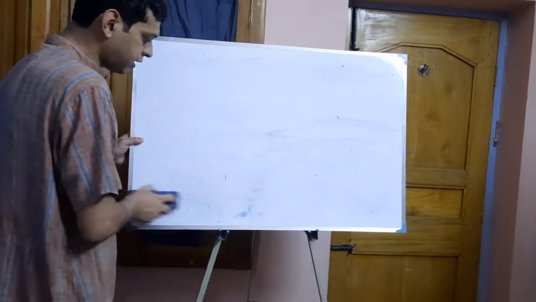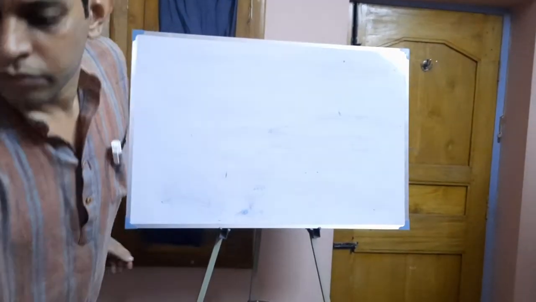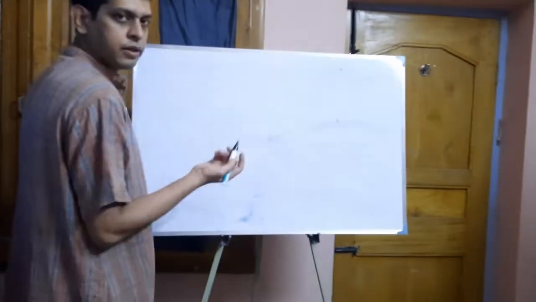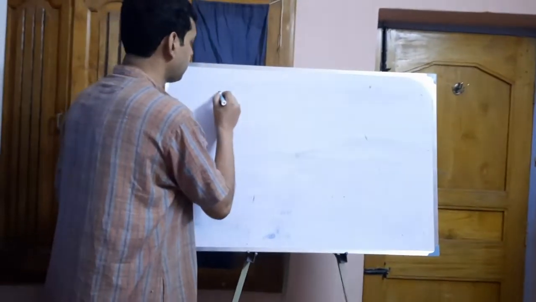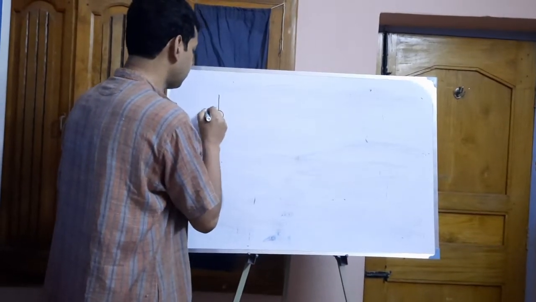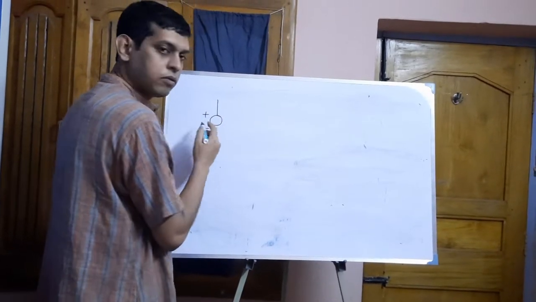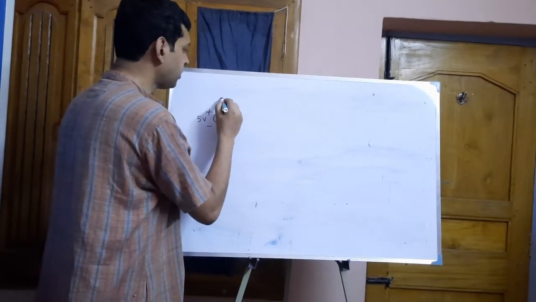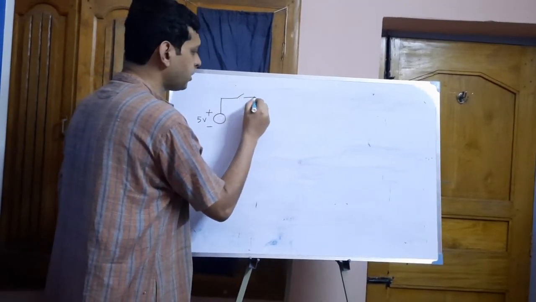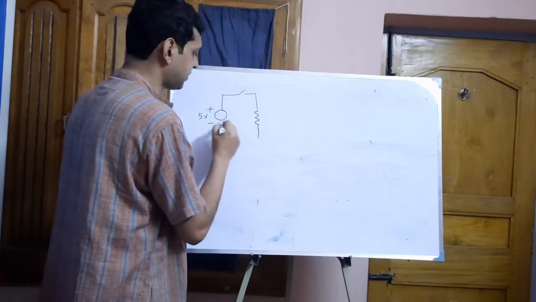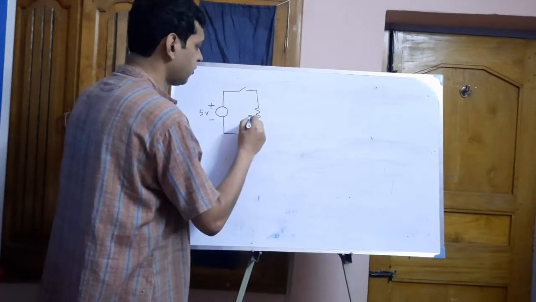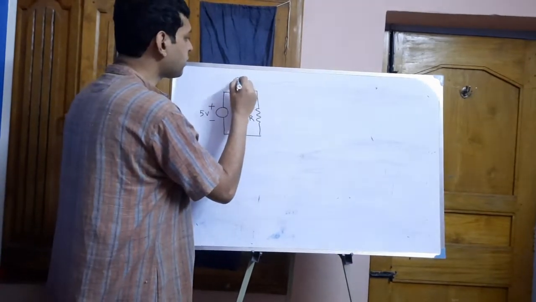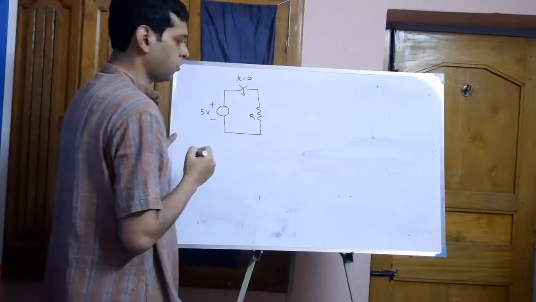Now let us check how the switching function can be described by a step function. Say one voltage source of constant voltage 5 volt is connected with one resistance R through this switch. This switch is closed at t equal to 0.